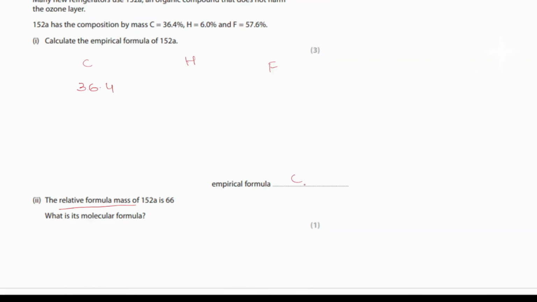CH2F. It will be divided by 12, 1 and 19. So the answer is 3, 6, and 3, divided by 3. So the final answer is CH2F.